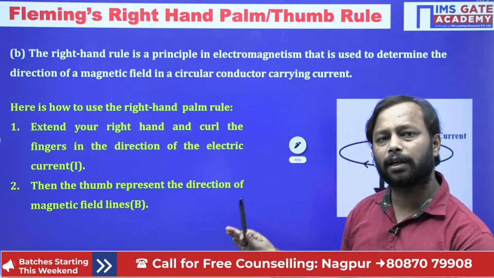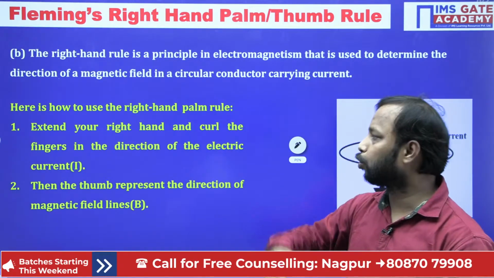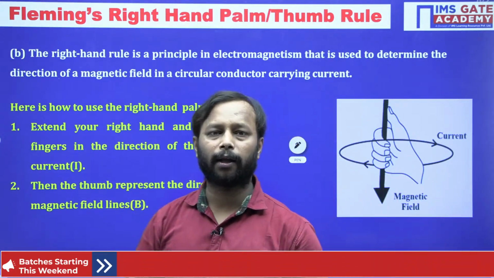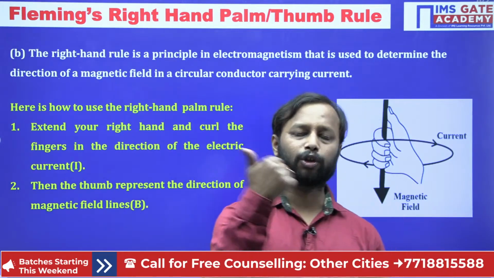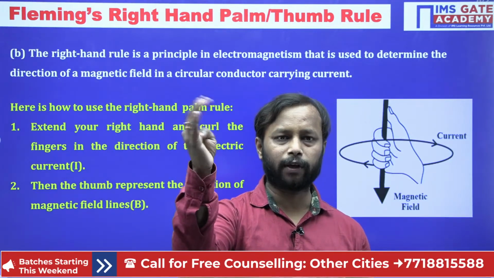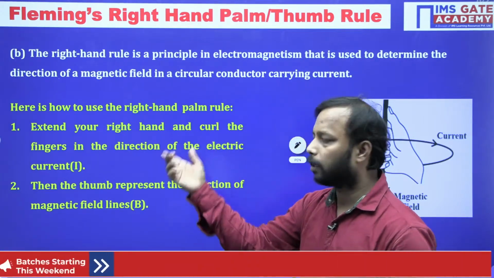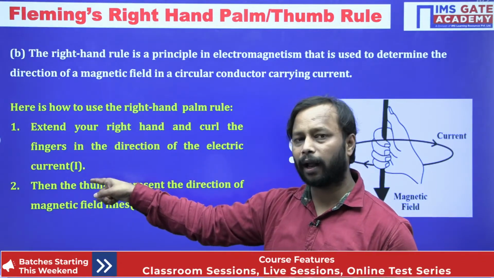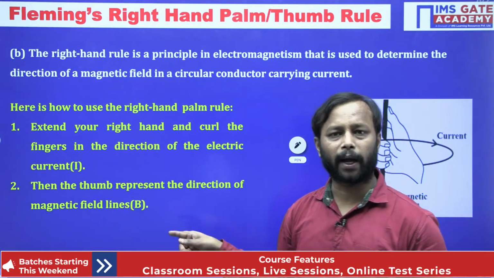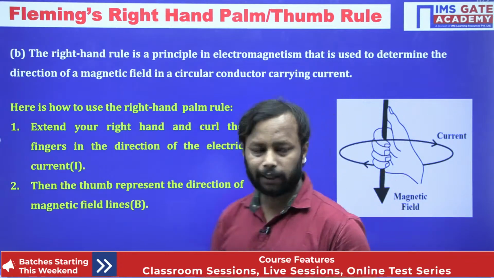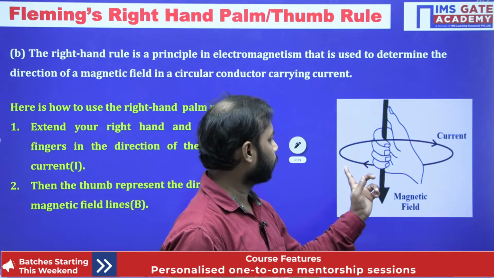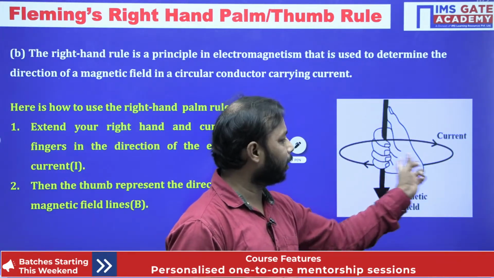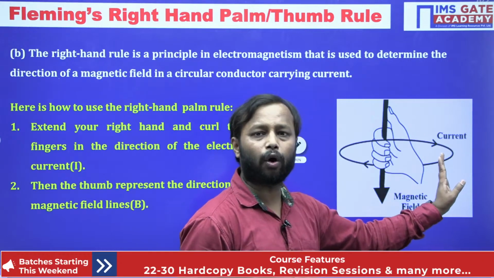So basically this is the reverse of the method that we used in part A. In part A, the thumb shows the direction of current and the forefinger shows the direction of magnetic field. Here it is reversed. Here the fingers show the direction of current and the thumb shows the direction of magnetic field. See, this circular loop is basically a conductor, and in this conductor the current is flowing in clockwise direction.